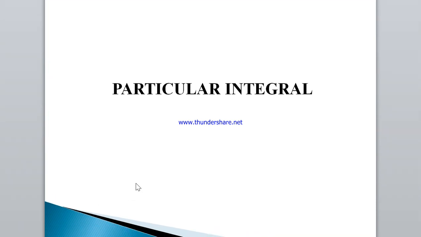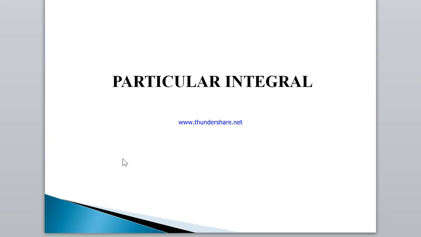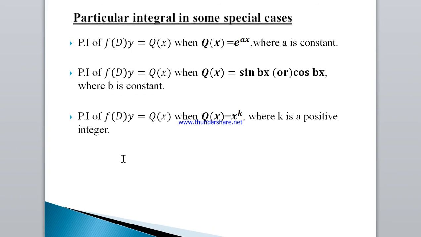That is about the complementary function. Now we will discuss the particular integral. How to find the particular integral for the given f of D into y equals Q of x. In some special cases, depending on Q of x, we can find the particular integral for the given function.